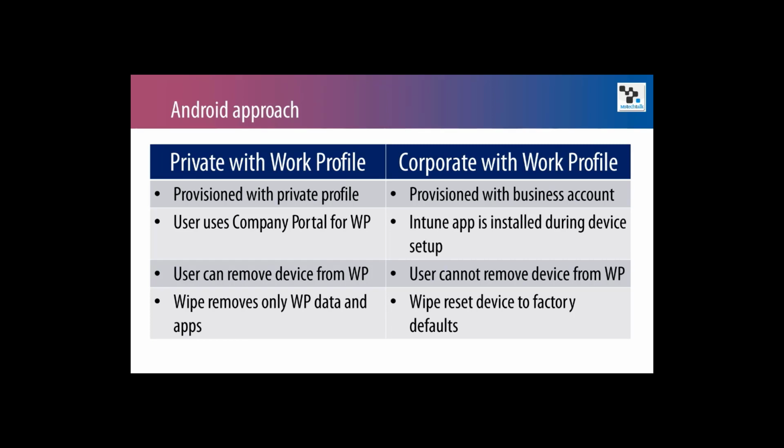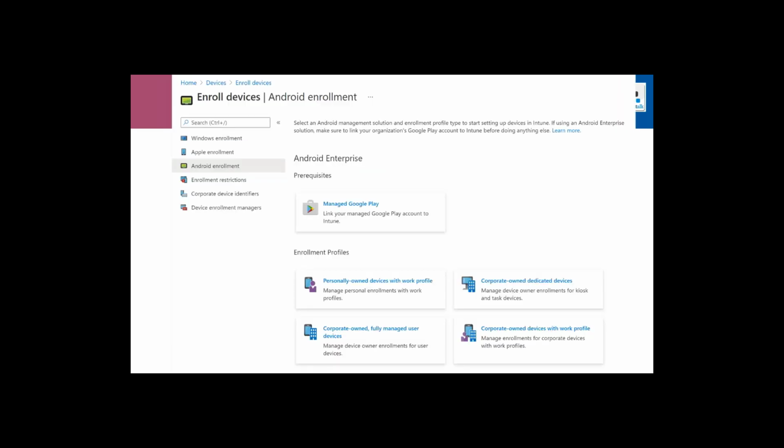On your private device, only the work profile will be deleted, and you can continue to work on your normal device. I'll not read from this slide, I'm sure that you will get this presentation later, and you can check what is interesting in your environment. How it looks like.